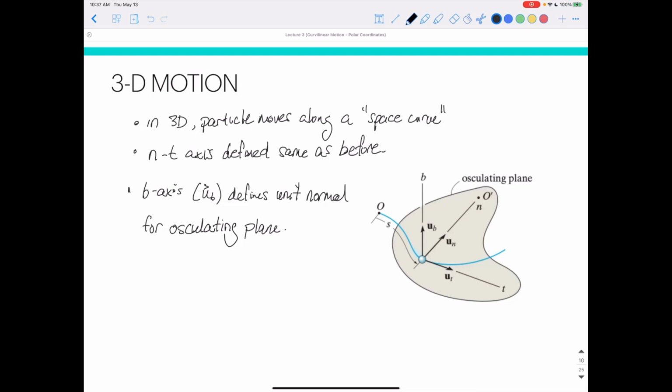So if we use our definitions of vectors and vector products, we can actually calculate that UB if we know UT and UN. And UB, we can just say, is equal to the cross product of UT cross UN. And just so we know, this isn't times, this is our cross product.